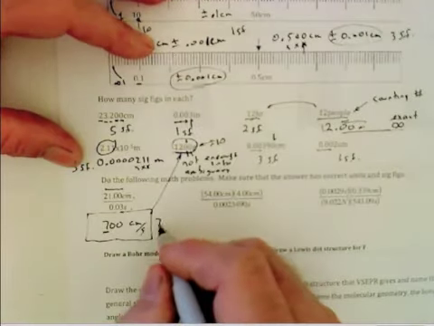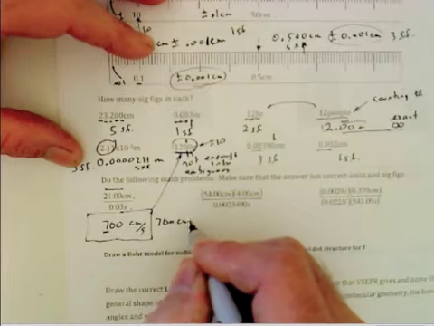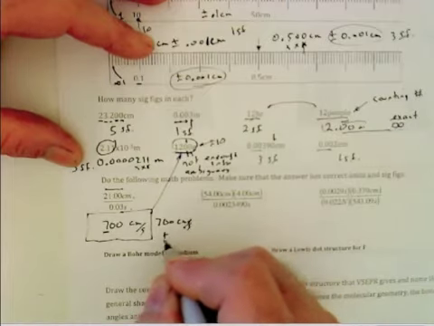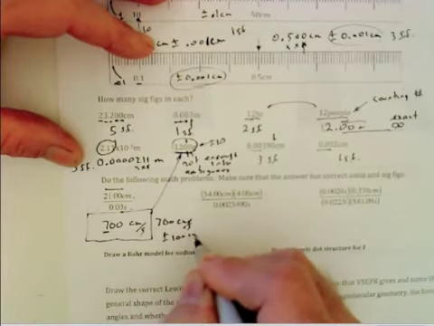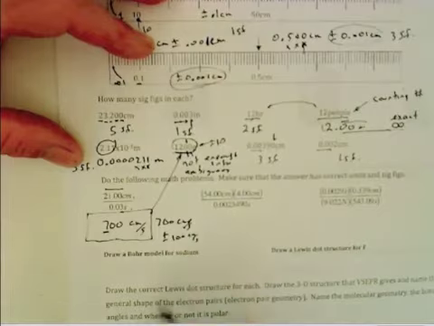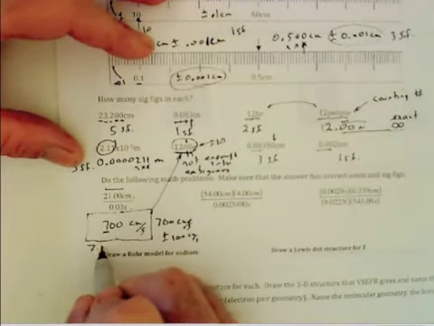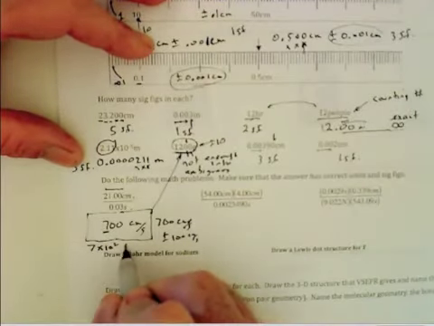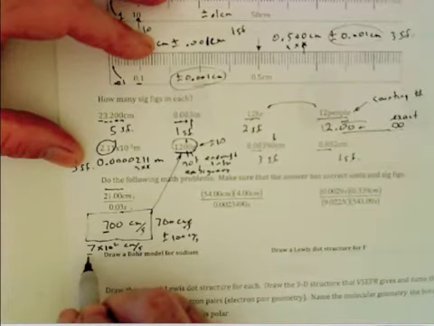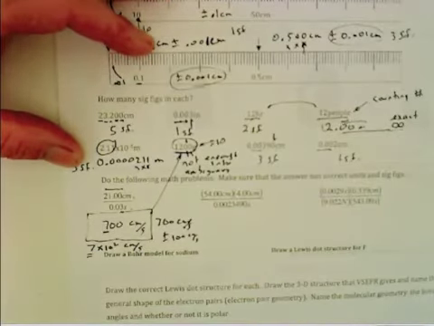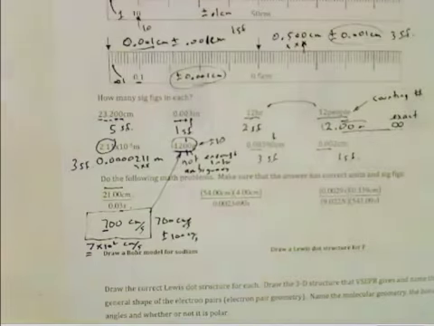I could have done this also, 700 centimeters per second plus or minus 100 centimeters per second, which is more writing. Or we'll learn later, I could write 7 times 10 to the second centimeters per second, because when you put it in scientific notation, there's only one digit that shows.